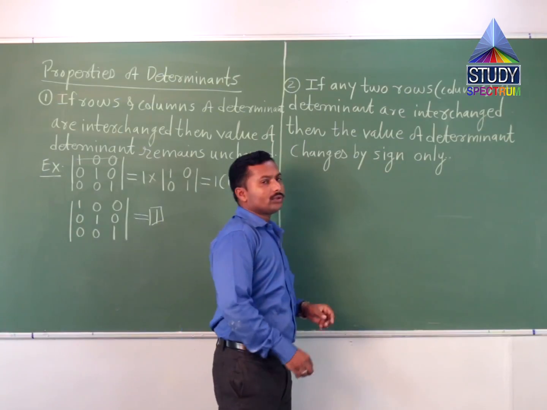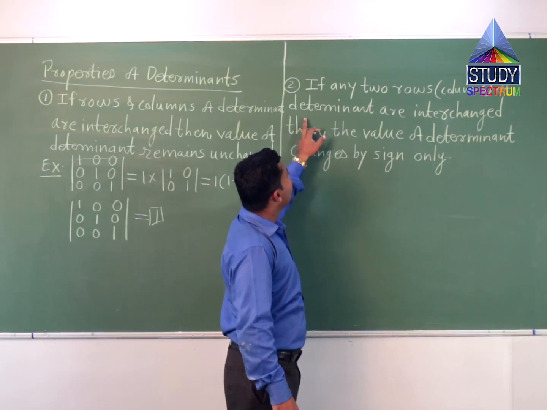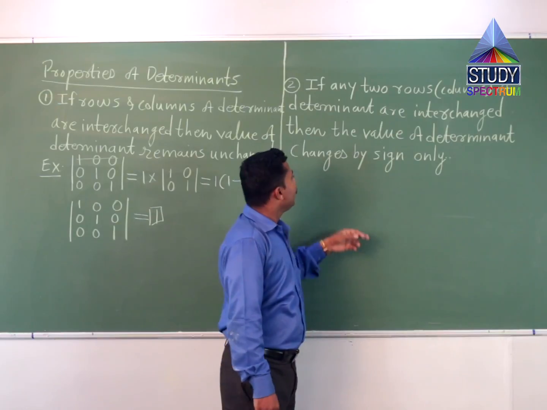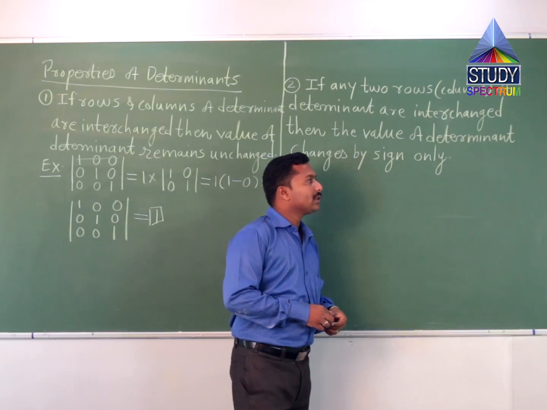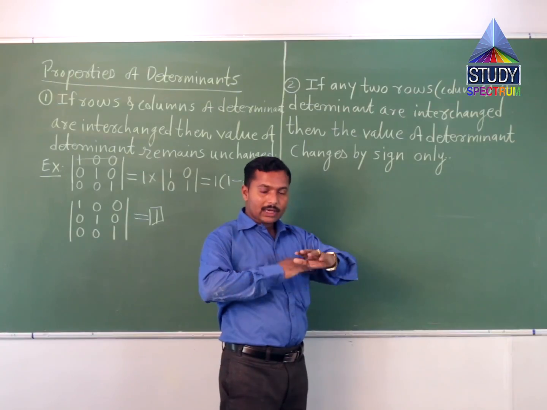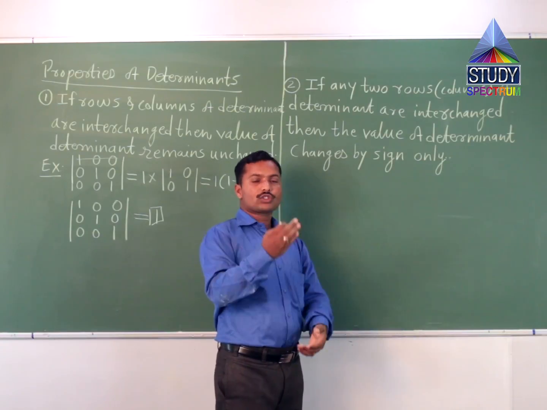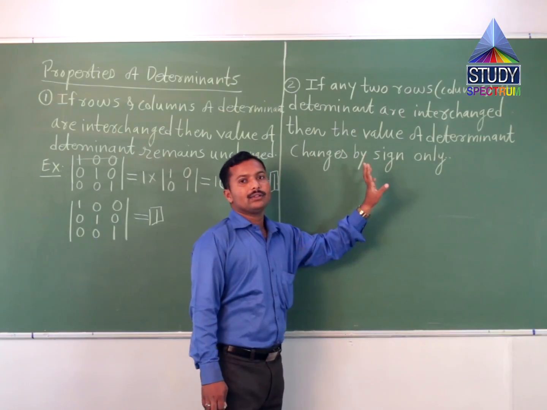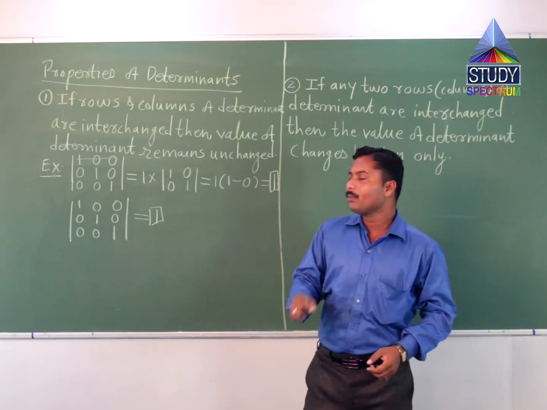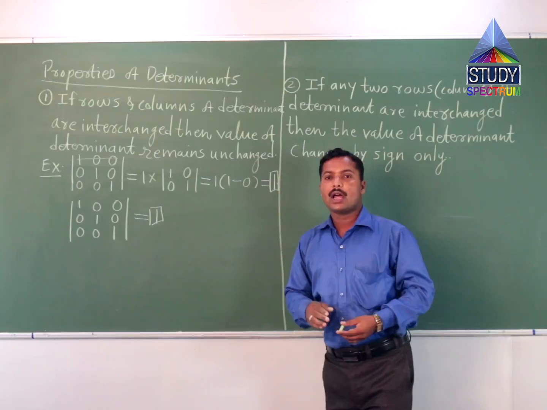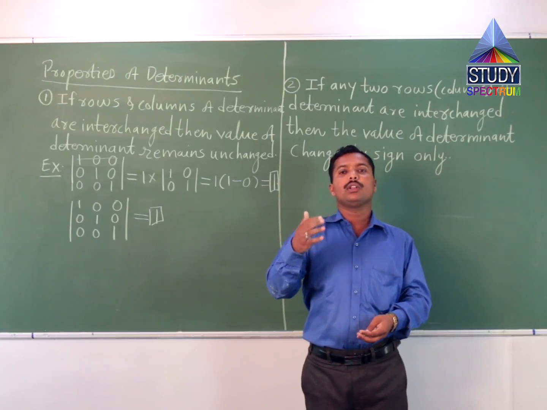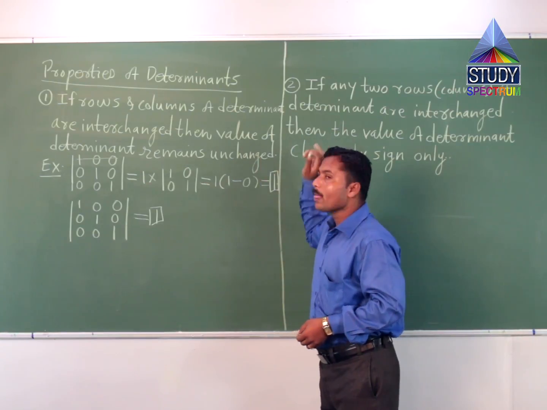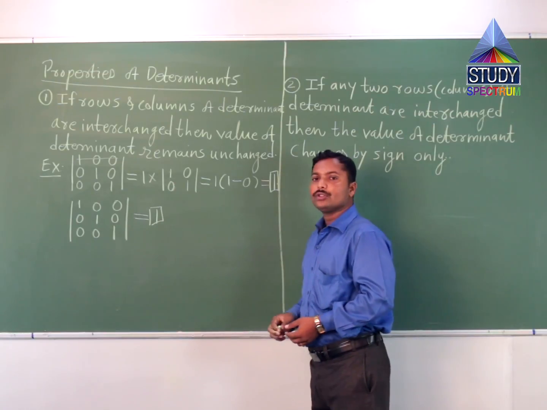If any two rows or columns of a determinant are interchanged, then the value of the determinant changes by sign only. Meaning if we make the first row the second row and the second row the first row, then the value of the determinant that comes will only change by sign. The value is the same but only changes by sign. If you interchange the third row with the first row, then also the same happens. So we verify this property by this simple example.